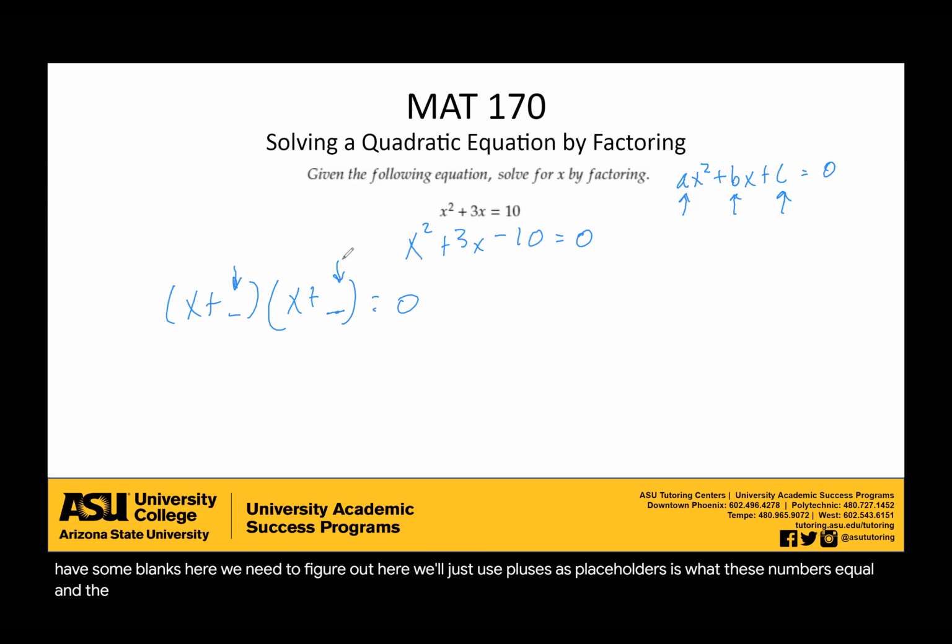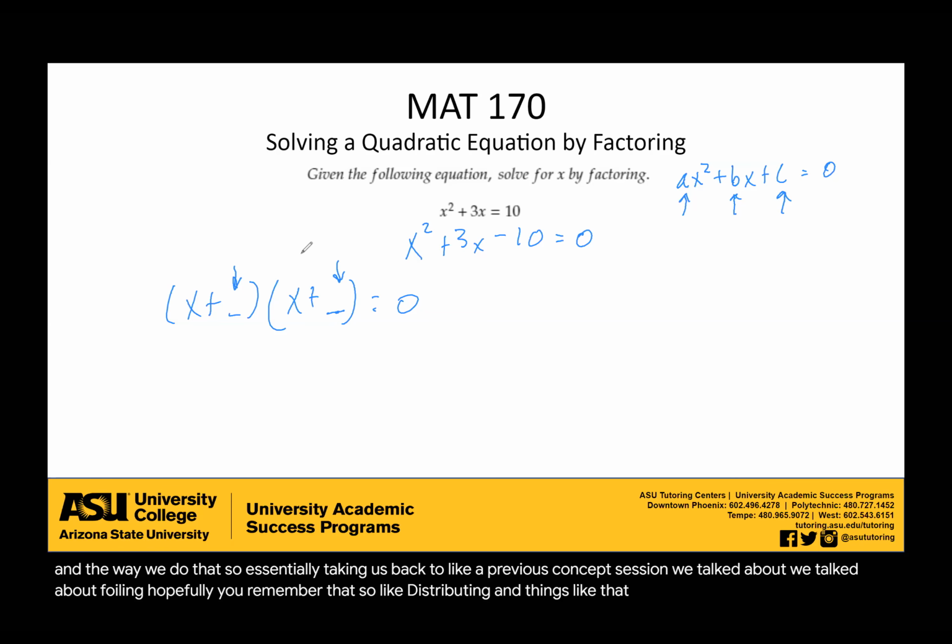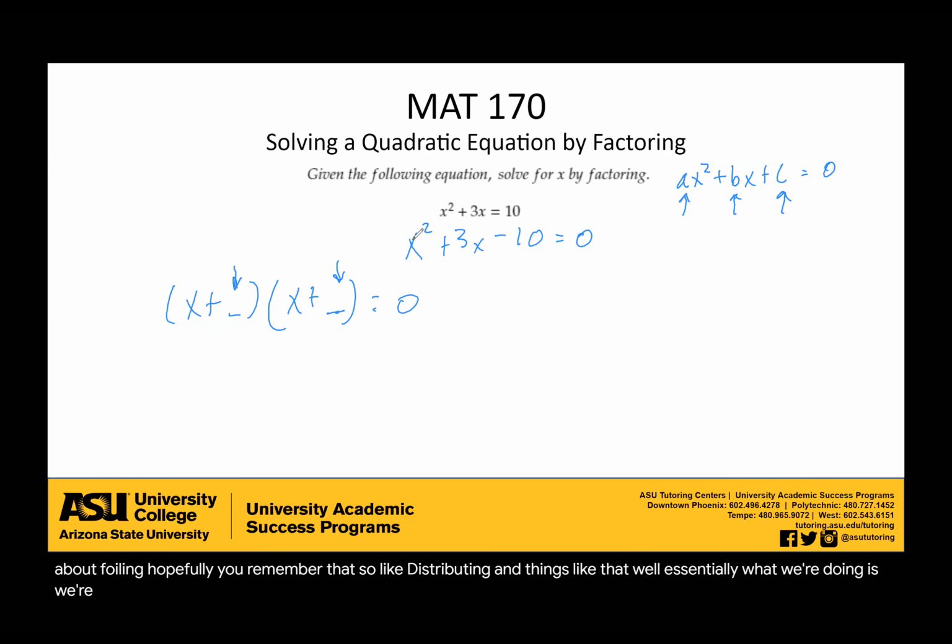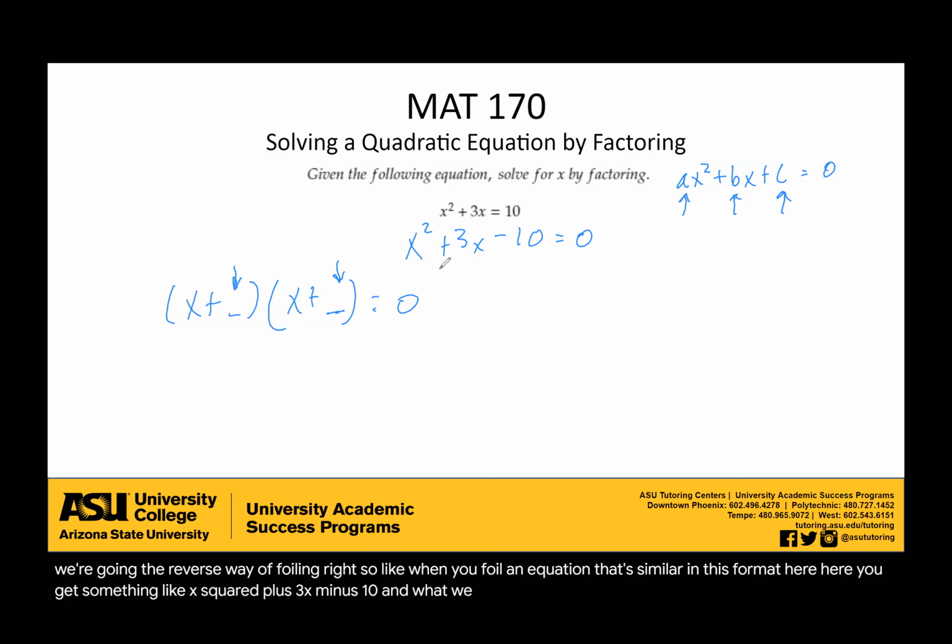The way we do that takes us back to a previous concept session where we talked about FOILing. Hopefully you remember that, like distributing. Essentially, we're going the reverse way of FOILing. When you FOIL an equation in this format, you get something like x squared plus 3x minus 10.